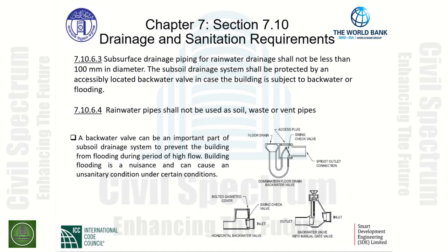Specifics are given to us in section 7.10.6.3. Subsurface drainage piping for rainwater drainage shall not be less than 100 millimeters in diameter.